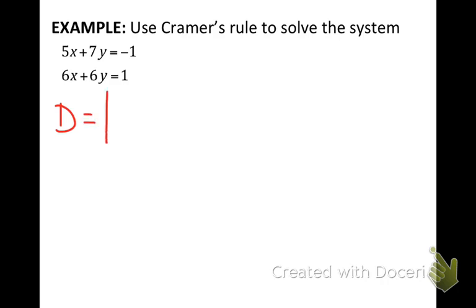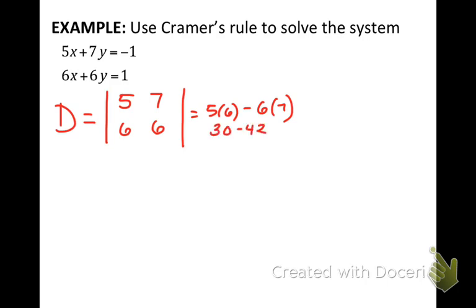D would be equal to, what numbers are going to go in for my elements? 5, 7, 6, 6. Good. Okay, so we're going to do 5 times 6 minus 6 times 7. So 30 minus 42 equals negative 12. So it's not 0, so that means we can actually get a solution.